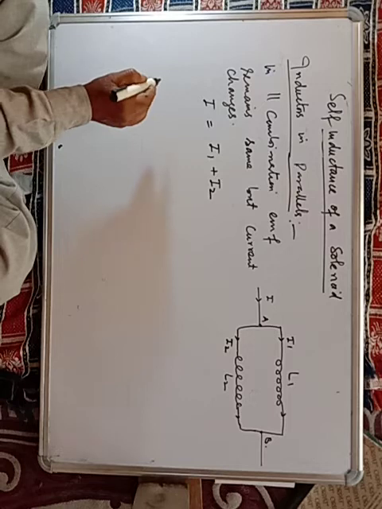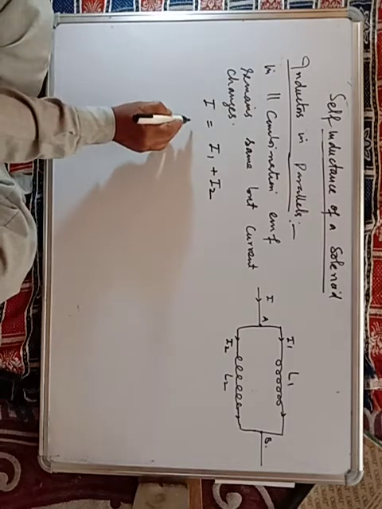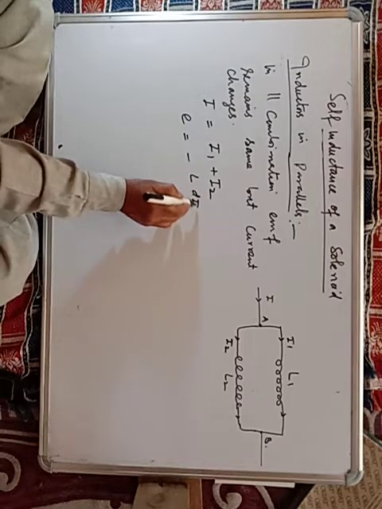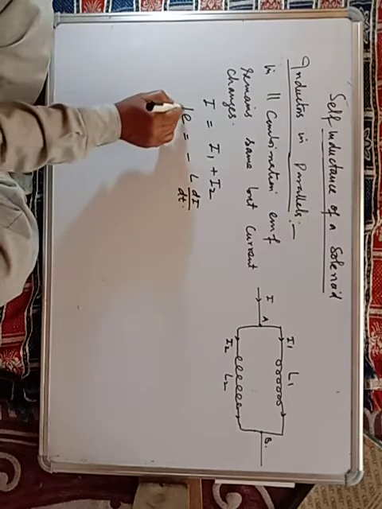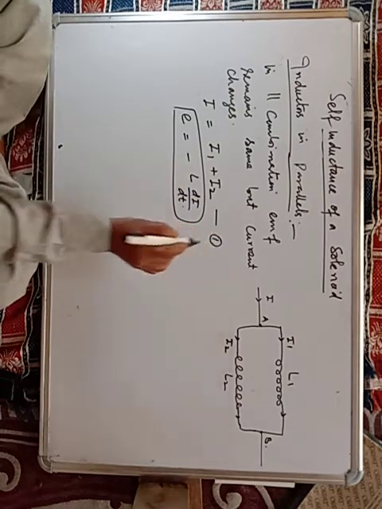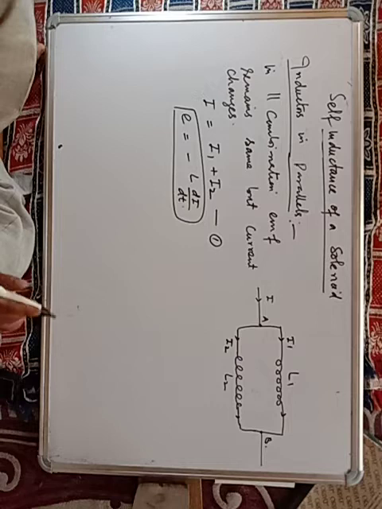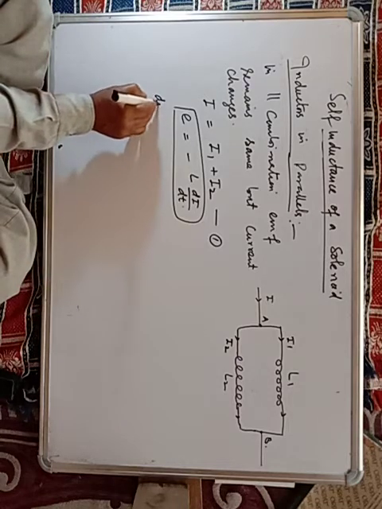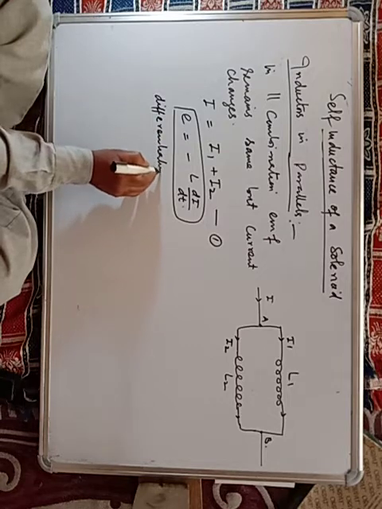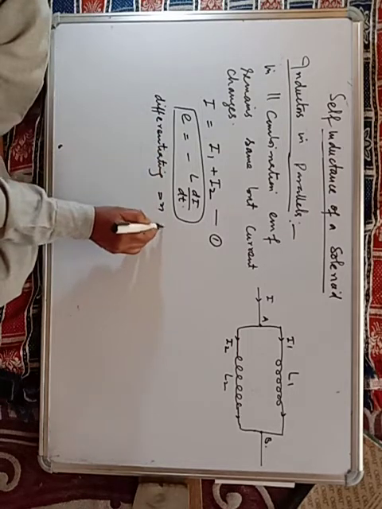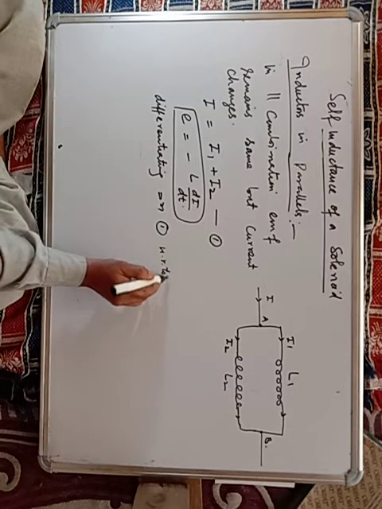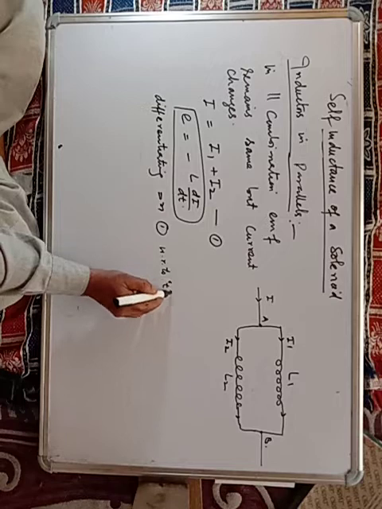Now, according to Faraday's law, E is equal to minus L di upon dt. Remember it. पहले हम इस इक्वेशन को डिफरेंशिएट कर लेंगे with respect to t.